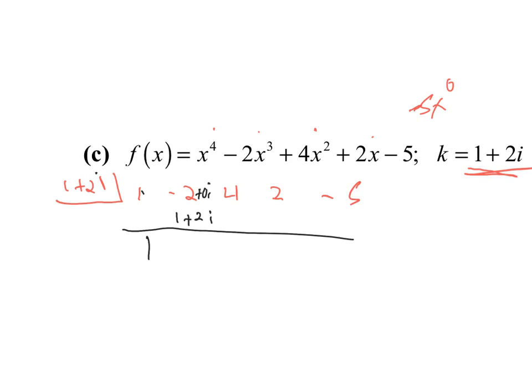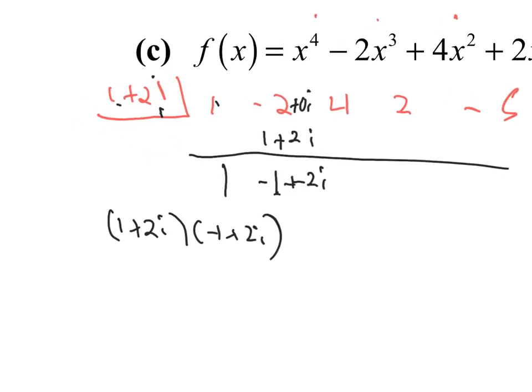So that comes out to a negative 1 plus 2i. So now I've got 1 plus 2i times negative 1 plus 2i. I don't really know what that is, so I'm going to have to do the math. I don't know the answer, so I got to be very careful here.